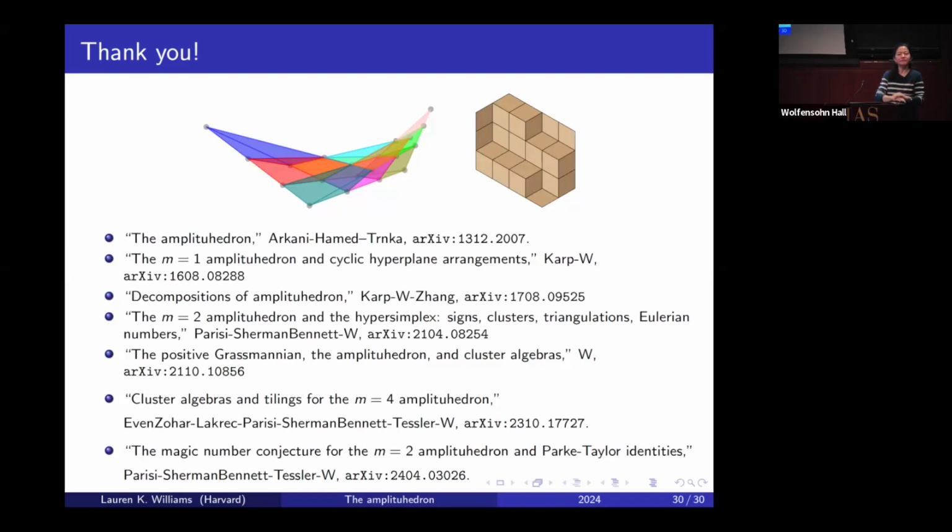So the standard one is good. Well, like the conjecture, I think it's essentially proved. I think this paper of Even-Zohar, Lakrec, and Tessler looks at how they intersect when they were showing that they tile. I think they were looking exactly at how facets came together.